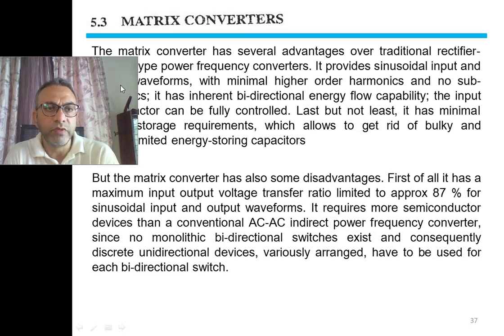So when we use two power electronic switches per device, we have the capability of allowing current to flow in both directions. However, this increases the number of power electronic devices being used in the circuit. In the next slide, I will show the circuit comparison of the traditional converter versus the matrix converter.